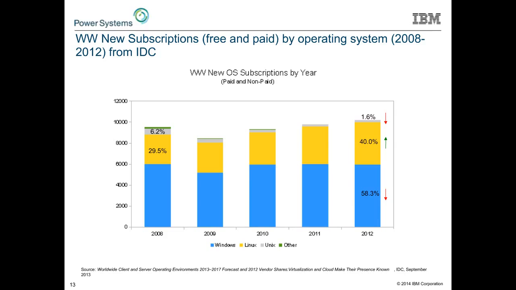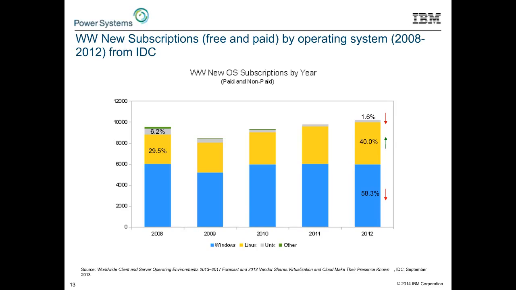What one sees if we look at the raw new subscriptions, both free and paid, of Windows, Linux, Unix, and everything else, is that the raw new subscriptions for Windows has been fluctuating, but it's roughly flat. We see that Linux has been growing from 2008 to where it is in 2012, and that growth is largely what is driving the total overall operating system growth.